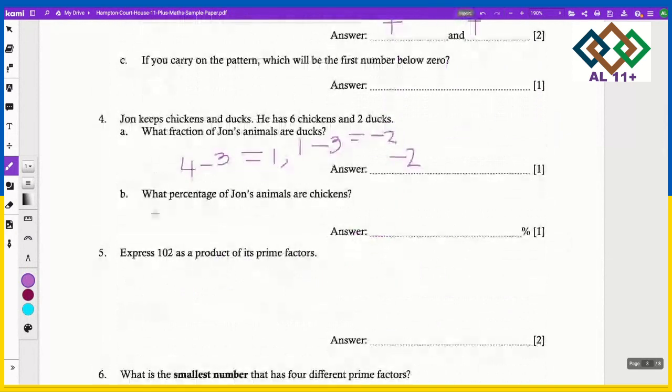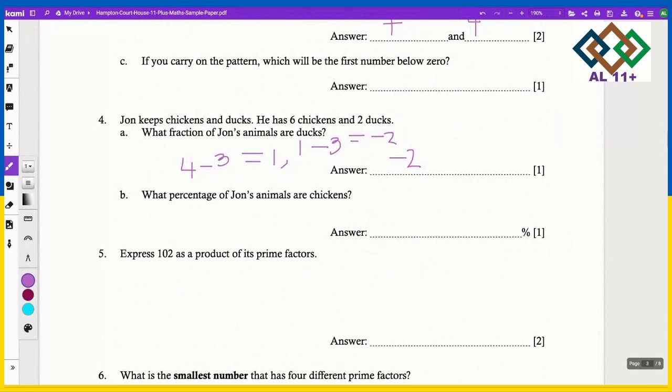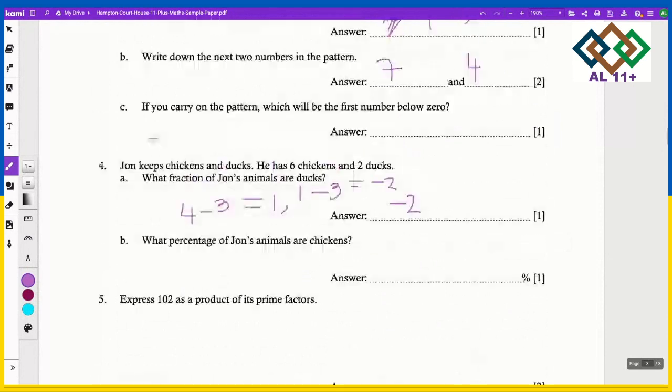Oh, sorry, I wrote the answer for the last one in the wrong place. The answer is for this one.